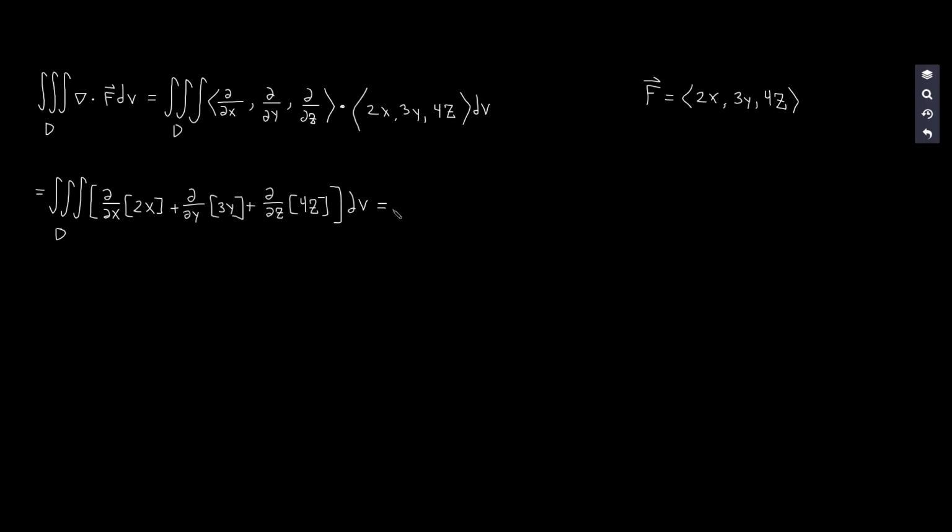If we take the partial derivatives of each of these, it's going to be a triple integral of 2 plus 3 plus 4 dV, that's going to be 9, and then we're going to be able to factor that 9 out. 9 gets factored out from the triple integral, and we want to find the volume. So that's 9 times the triple integral dV.